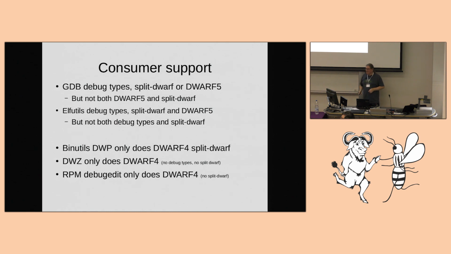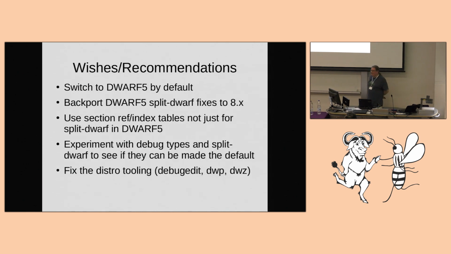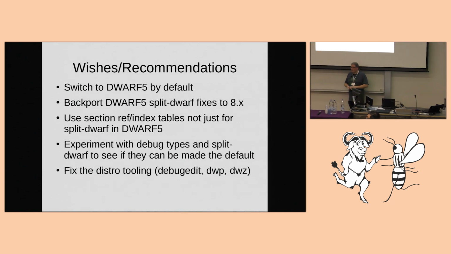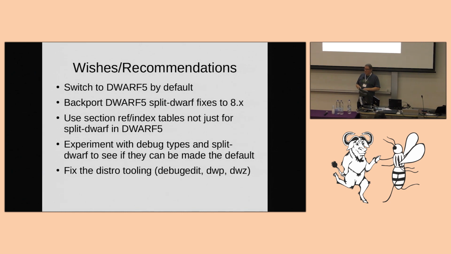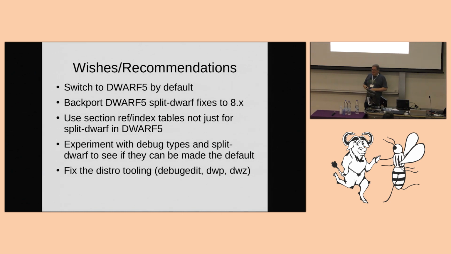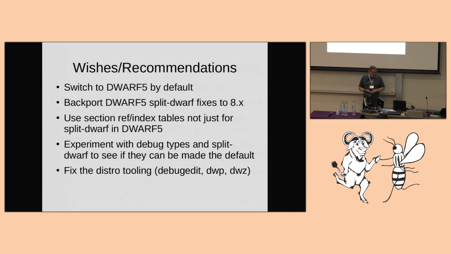One thing for DWZ was, I think that DWP was able to undo the split-dwarf, convert the split-dwarf back to the normal dwarf, and then DWZ can compress it, but probably DWP didn't gain that support, and of course DWZ doesn't support the DWARF5, which has the support for DWZ standardized, but yeah, nobody implemented it.